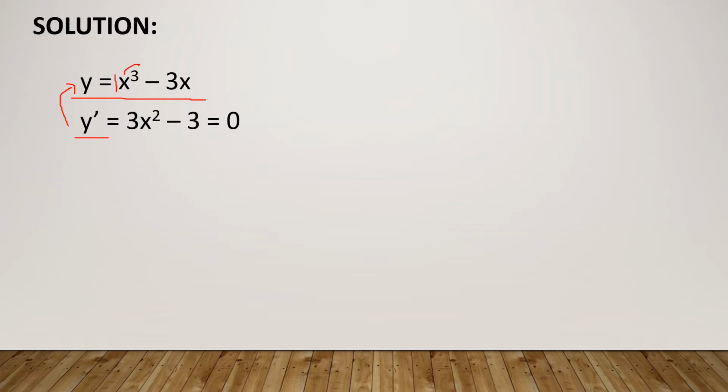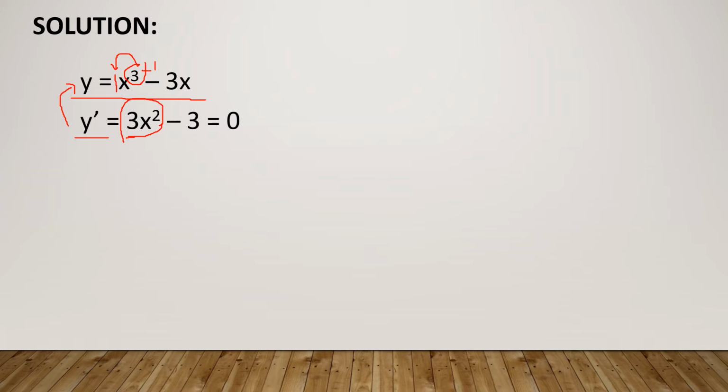We multiply the exponent to the numerical coefficient of the first term, which is 3. Then we subtract 1 from the exponent, that's why it's 2. So the derivative of x cubed is equal to 3x squared.